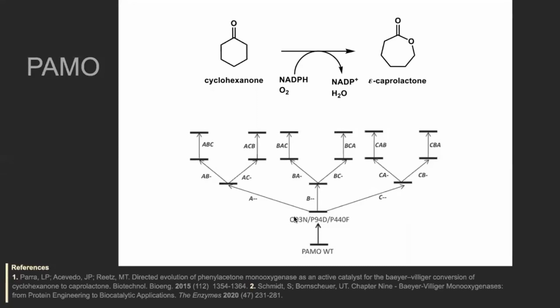Then they build three libraries, each targeting two residues of the active site and doing saturation mutagenesis on these residues. From the best hits of the three libraries, they started to combine the best mutants in an iterative manner and ran several rounds of mutagenesis to obtain the desired variant.